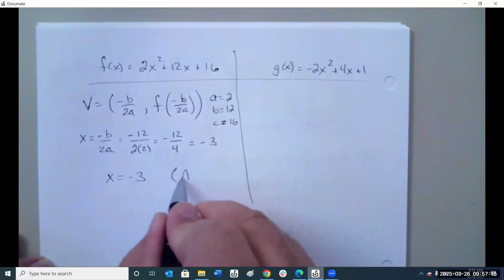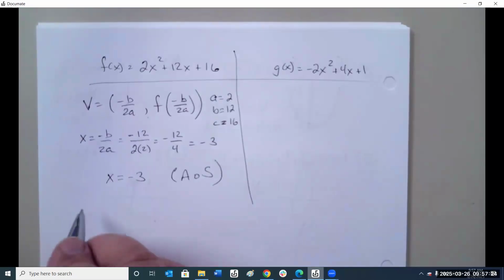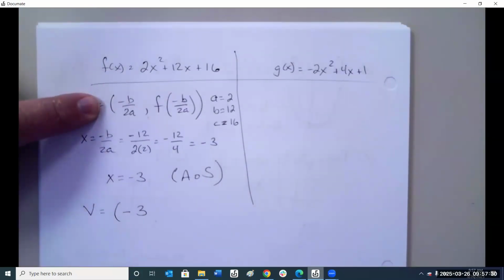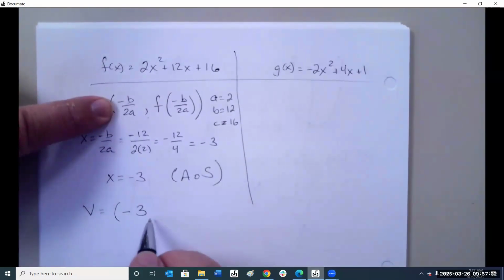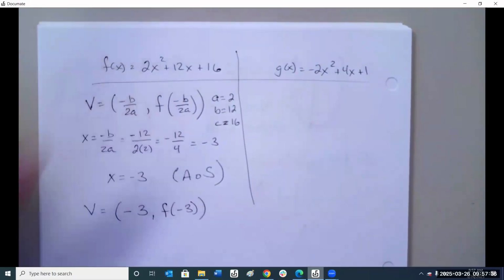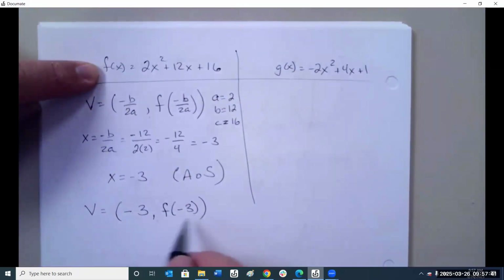This is also my axis of symmetry. According to this formula, my x value is -3. So now I have to plug that -3 back inside the equation to find my y value.